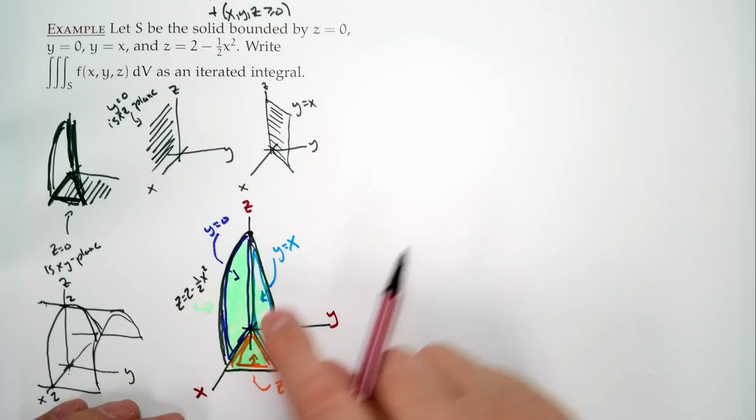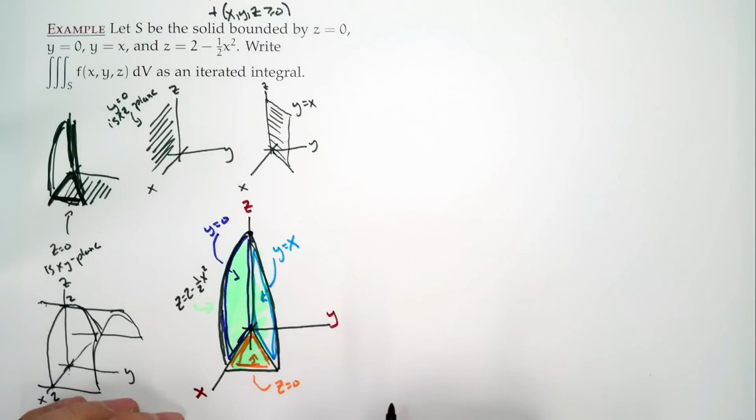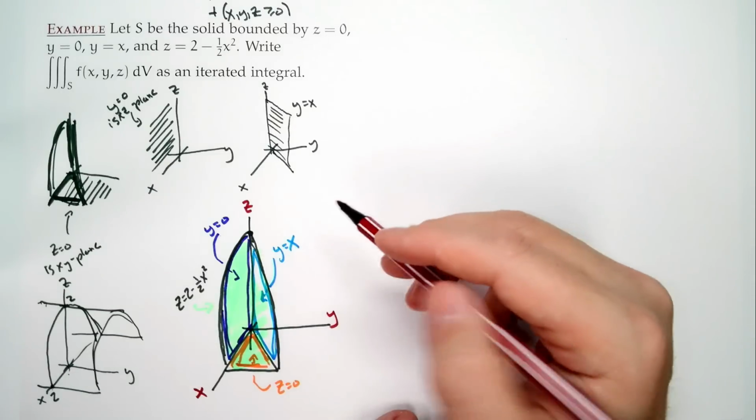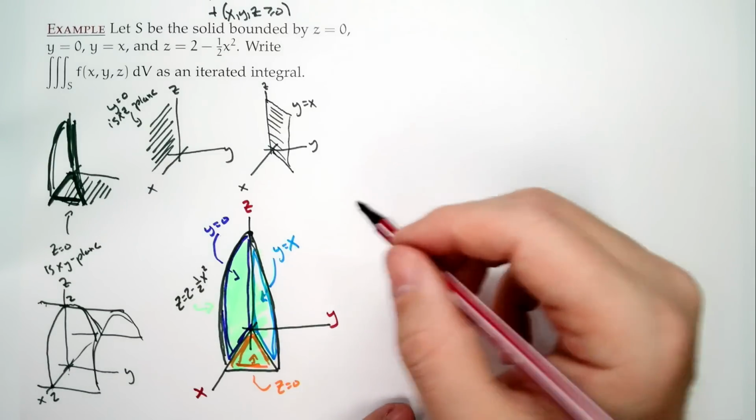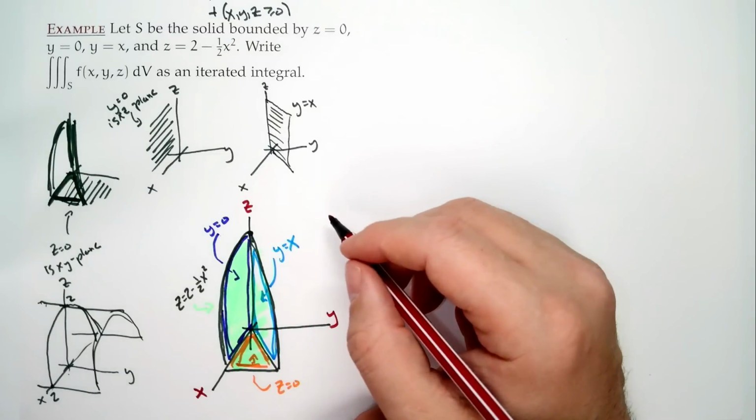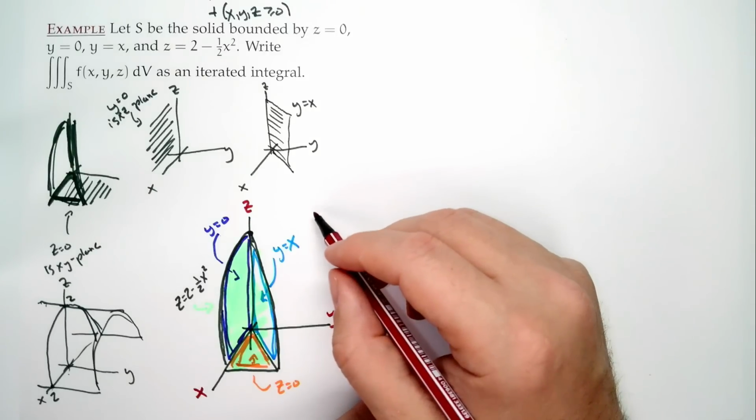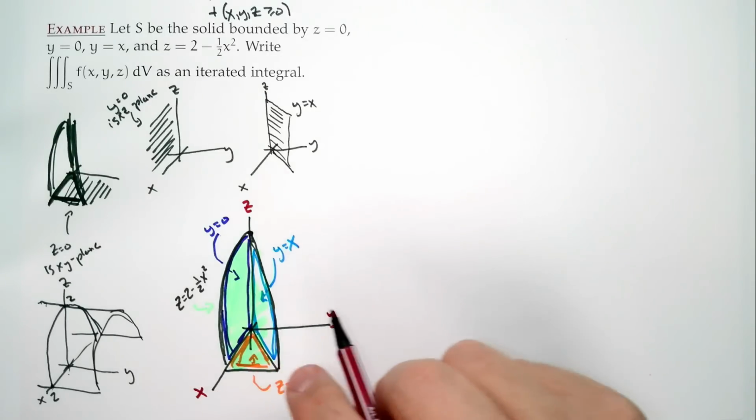If we look down the x-axis, well, what do we see? Okay. If we look down the x-axis, the picture that we're going to see is... All right. I picked the hard one first. That's why I'm humming and hawing. Let's come back to the x-axis.